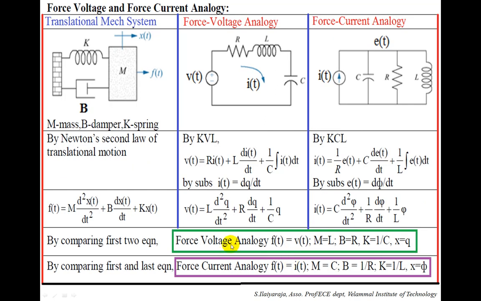Similarly, if you apply duality to the force-voltage analogy, you will get the force-current analogy, and the series circuit becomes a parallel circuit. f of t equals v of t becomes f of t equals i of t, L becomes capacitance, R becomes 1 by R, 1 by C becomes 1 by L, and x equal to Q becomes phi. By using this, we can solve problems.